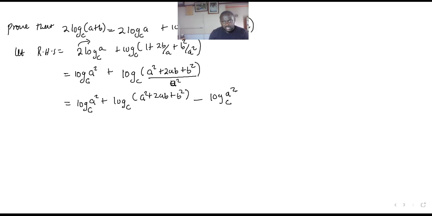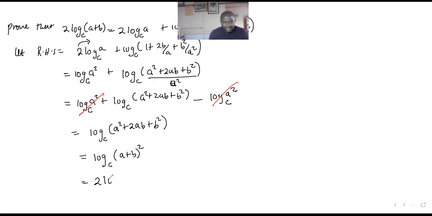I can cancel this with that by subtraction, and therefore I will get log to base c of a squared plus 2ab plus b squared. You realize that this is the same as log to base c of a plus b, close bracket squared. Finally, this takes me to twice log base c of a plus b. Hence proof of the left-hand side.